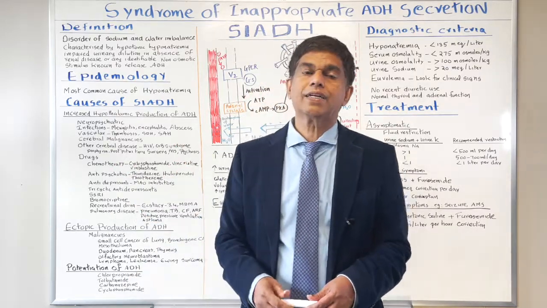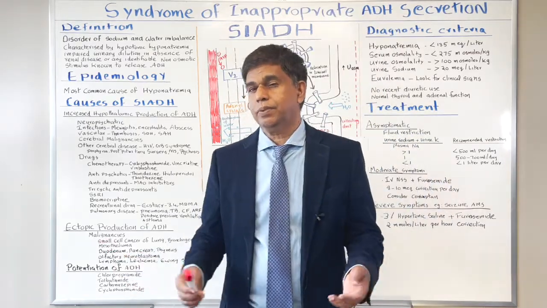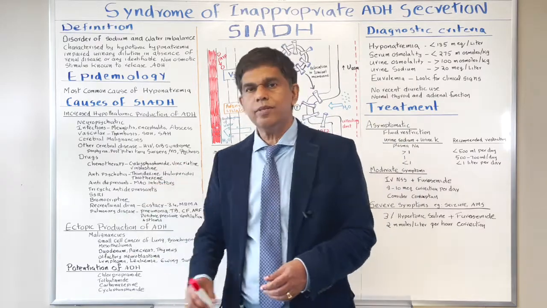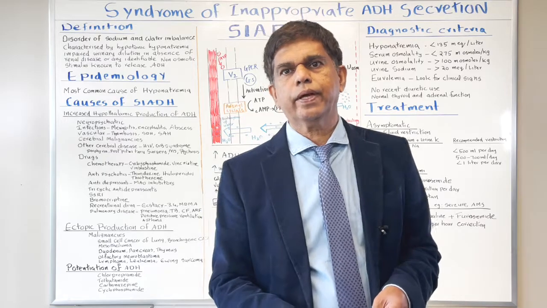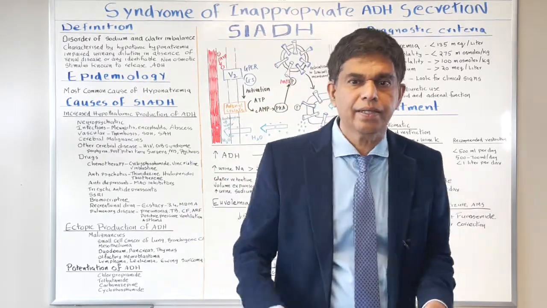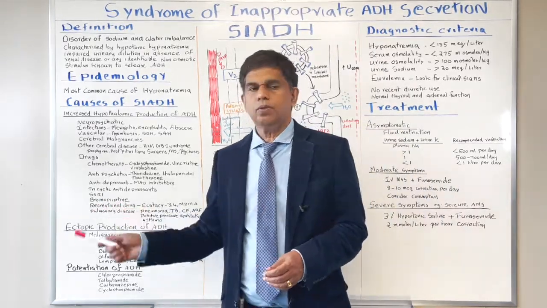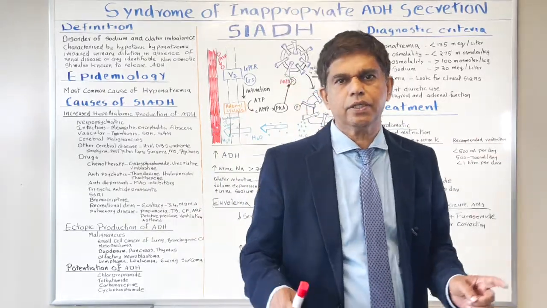Now, let's look at the drugs involved. Okay, it's very important. Let's look at the chemotherapy drugs. Cyclophosphamide, probably the most common, and then vincristine and vinblastine, the chemotherapy drugs are also very, very important, okay? And then you got SSRIs, TCAs, antipsychotics, MDMA, and bromocriptine. Now, the most important thing you need to know is the recreational drug use, okay?